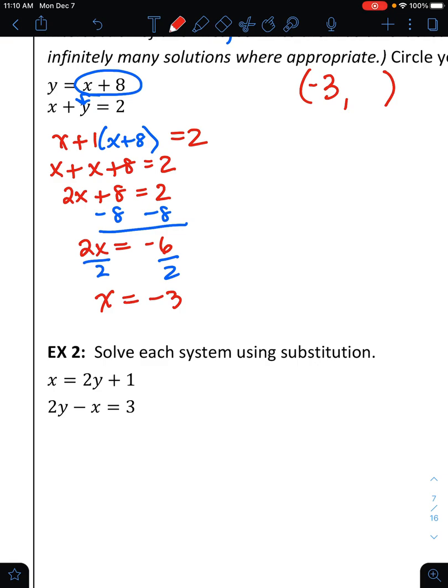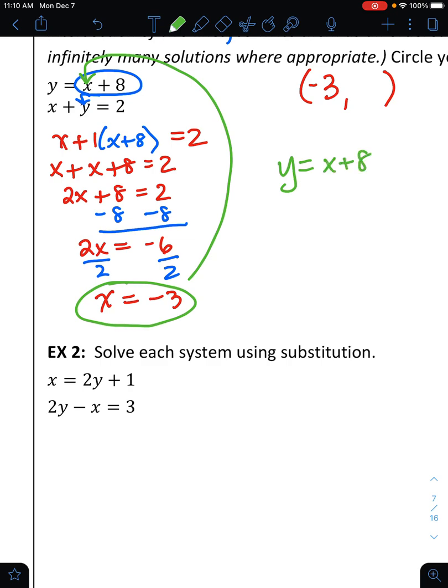So I want to take negative 3 and plug it into one of the 2 equations at the top. I'm going to circle x equals negative 3, and I'm going to come up here and plug it right there in place of x. Okay, so y equals, I'm going to work with this equation, x plus 8, but I know x is negative 3. So I'm going to plug in negative 3 for x, and then all I have to do is add those 2 numbers together.